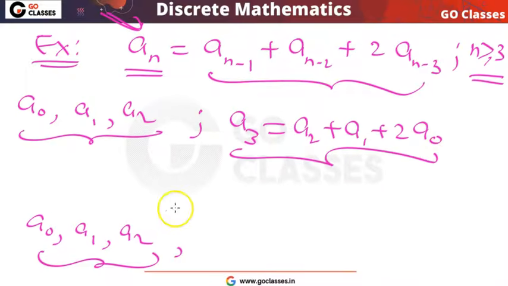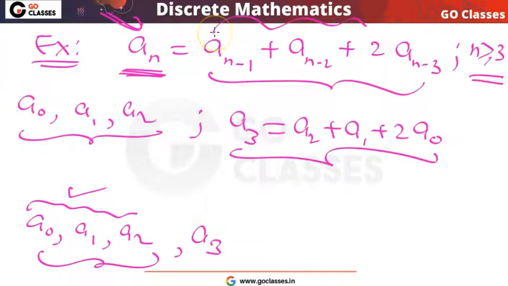These initial conditions must be known to you, because every term an is represented in terms of the previous 3 terms, so we need 3 initial conditions. Now you can calculate a3, now you can calculate a4, now you can calculate a5, and so on.